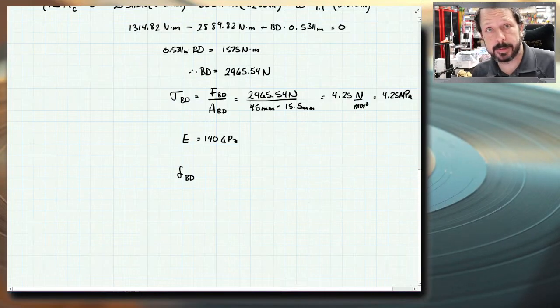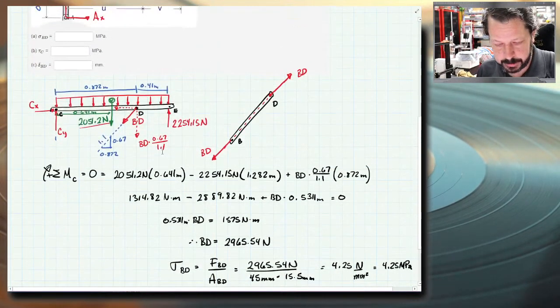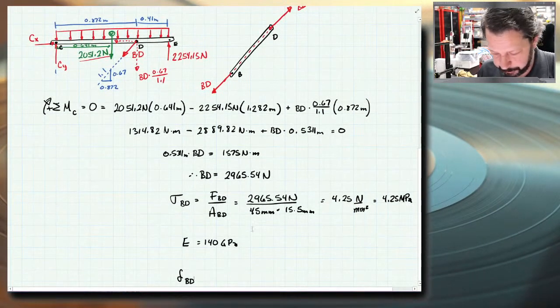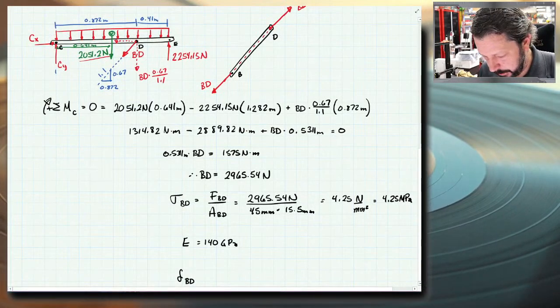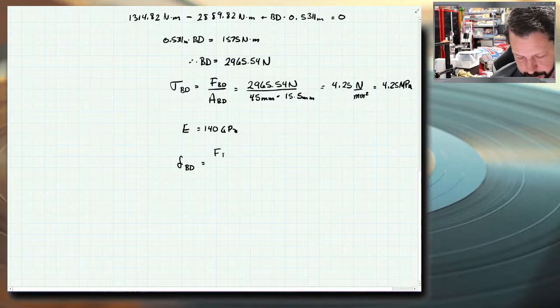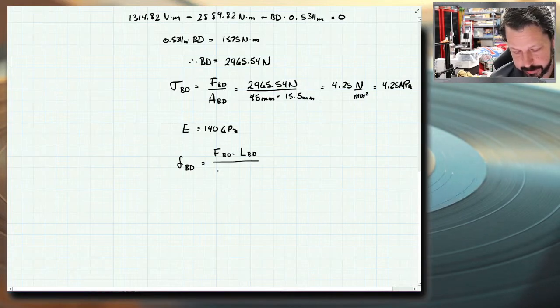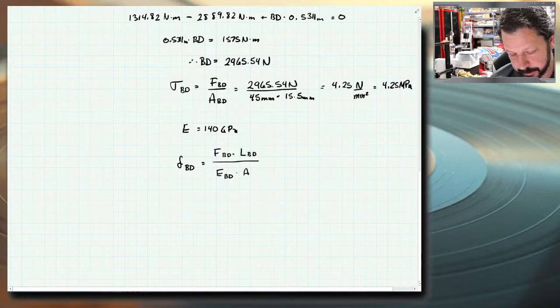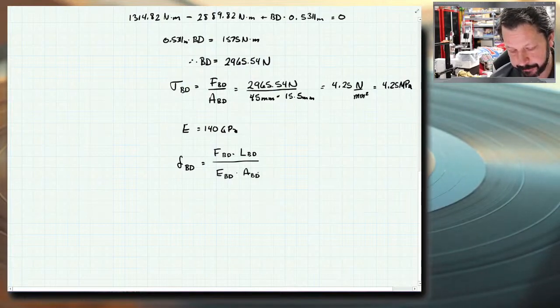It should get longer because it is a tensile, remember? Tensile forces on it. And the change in length is the force in member BD times the original length of member BD divided by the modulus of elasticity of member BD and the cross-sectional area of BD.